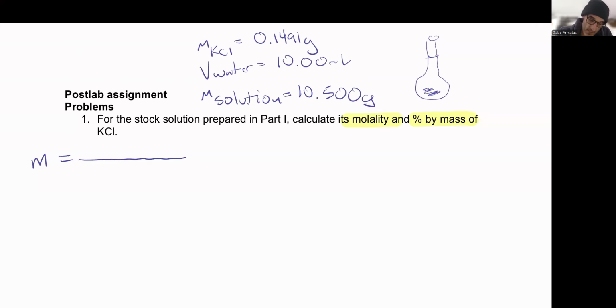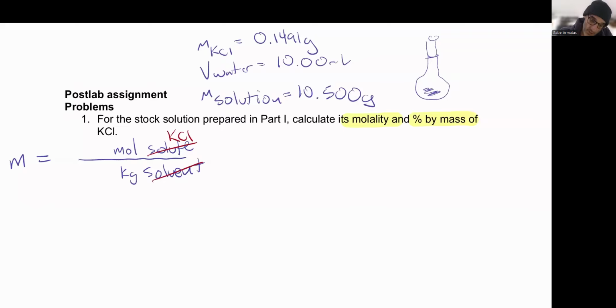For molality, I'm going to need moles of solute over kilograms of solvent. That is actually pretty important, because for molarity, capital M, you would need moles of solute, and in this case my solute is KCl, but you would need liters of solution, the entire solution, and we have that.